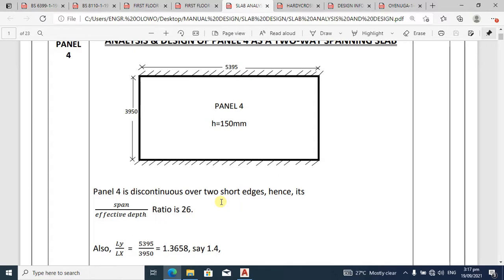However, when your panel has a shorter span greater than 3.6 meter, then that panel can economically be designed as one way.